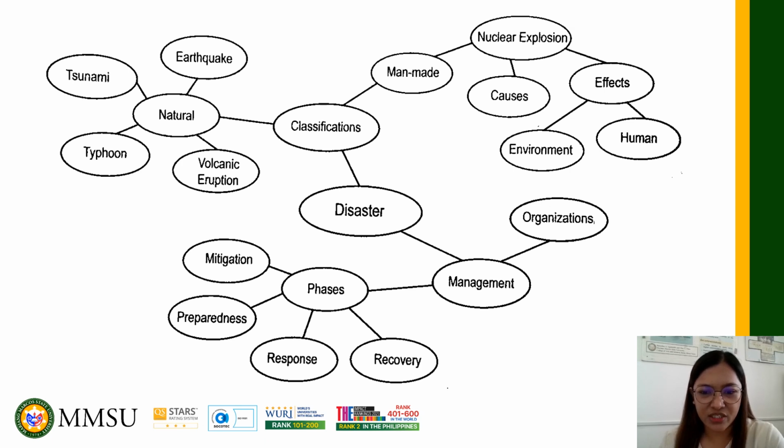Along with the general topic, we move to the major ideas. We have management, and on top of that, we have classifications. Under classifications, it is divided into two: the natural and the man-made, right? And then the ideas get expanded based on the clusters.